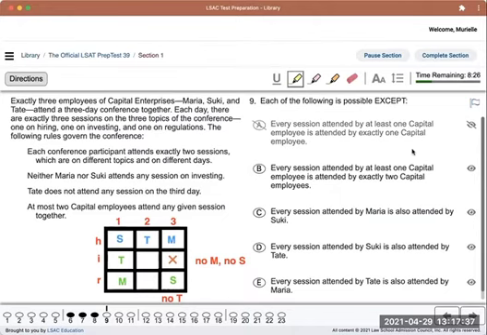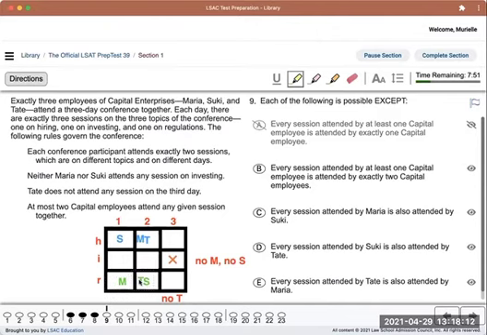B, every session attended by at least one capital employee is attended by exactly 2. Okay, exactly 2. So that is going to cause us some problems. So M and S can't attend investing, and T can't attend anything on day 3. So we would have to completely eliminate anything day 3 and anything investing.